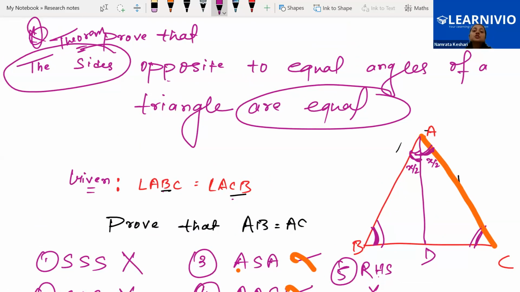And if it is possible, then which congruency criteria is getting matched over here? Are you able to check it?